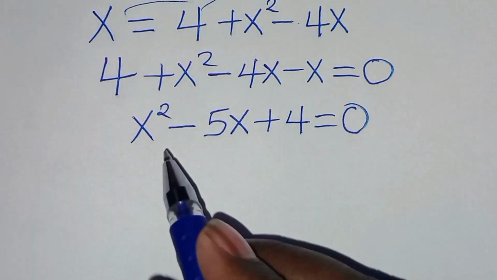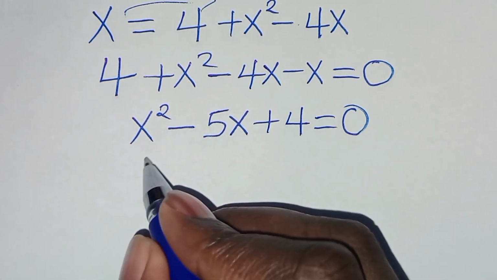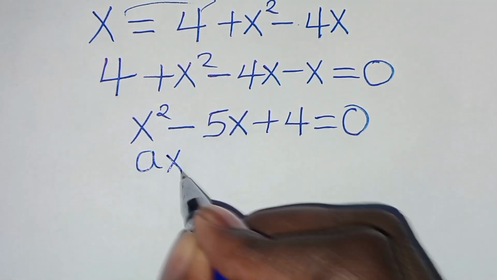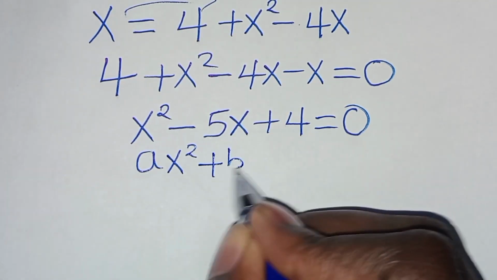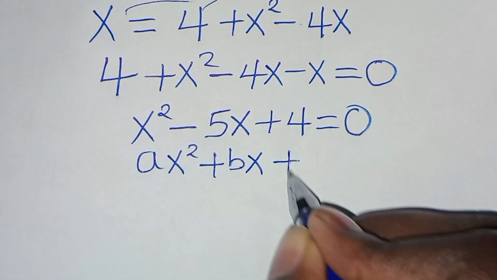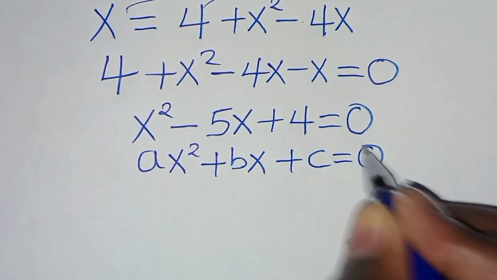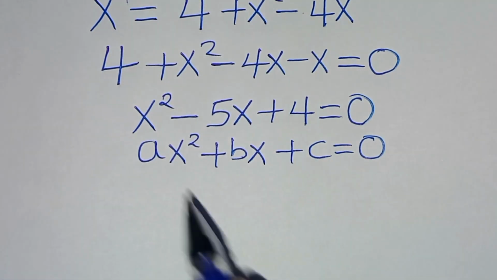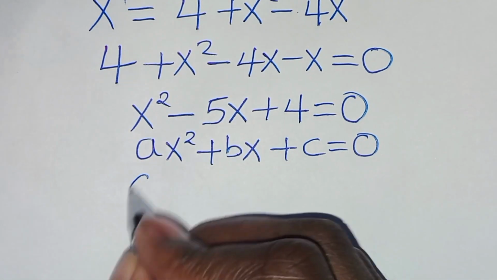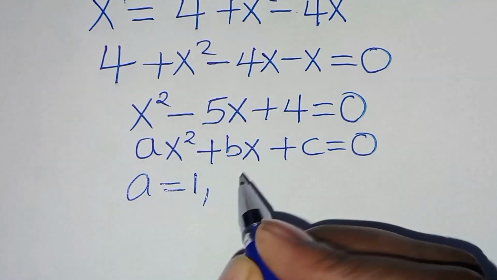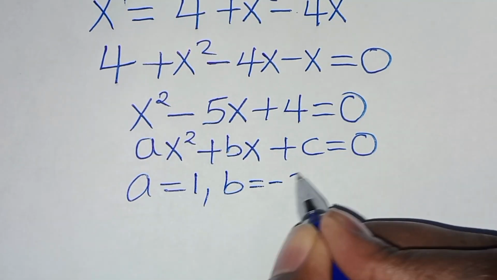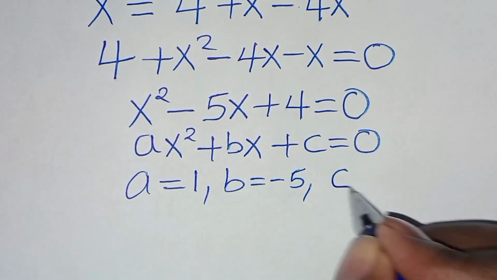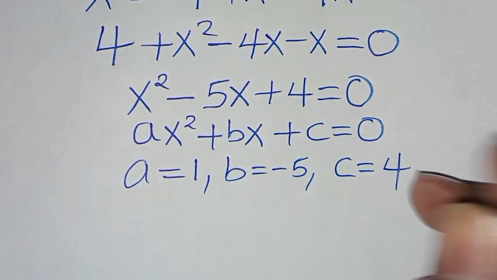Now this is a quadratic equation of the form ax squared plus bx plus c equal to 0. From this quadratic equation, a is equal to 1, b is equal to minus 5, and c is equal to 4.